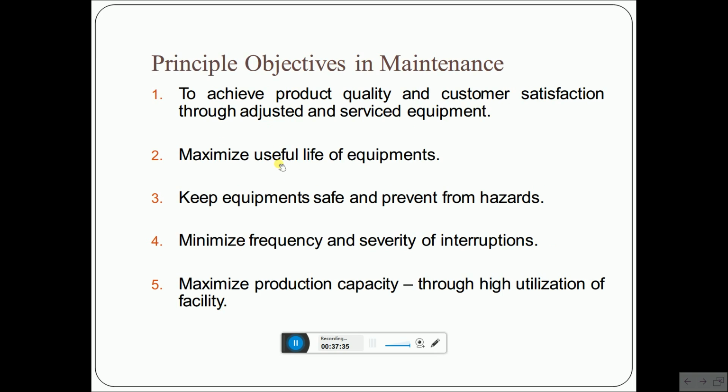So objectives are to achieve product quality, customer satisfaction. If I, as an aircraft manufacturer, design a reliable and highly available and maintainable aircraft, my airline as a customer will be satisfied, right? There's something called maintenance credits in the airline industry. Plays a huge role in customer satisfaction.